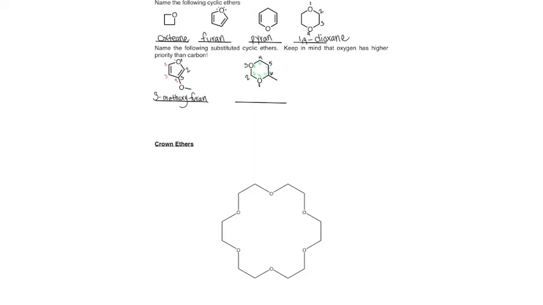But notice the green path gives us a 4-methyl, whereas the black path gives us a 6-methyl. So the 4-methyl is clearly a lower number. So we're going to have a 1,3-dioxane with a 4-methyl in front of it. So I'll use green since that was the best path. 4-methyl-1,3 for those 2 oxygens, dioxane.